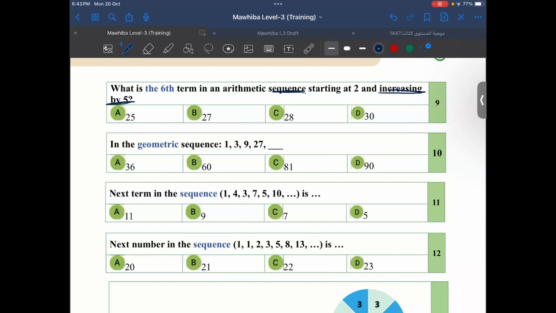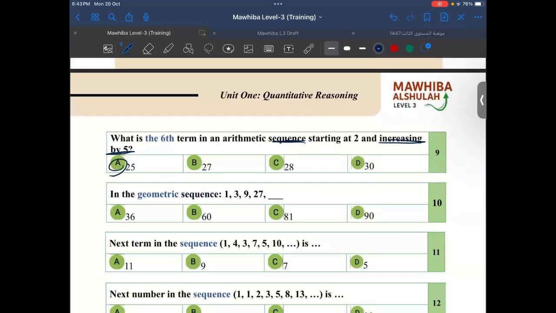Anyone? Yes, Salman. So we started at 2, so we're going to add 5 each time until we get to the sixth term. So it's going to be 25. Excellent. So we said that we're going to start with 2, and I'm going to increase by 5 each time.